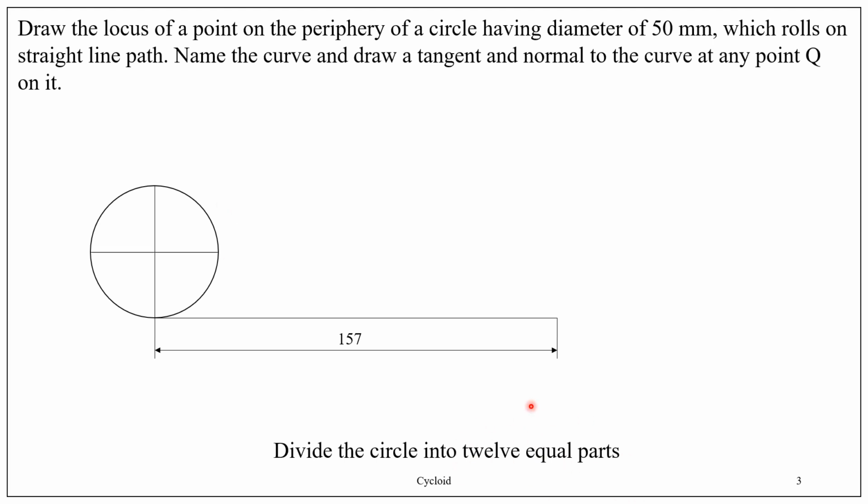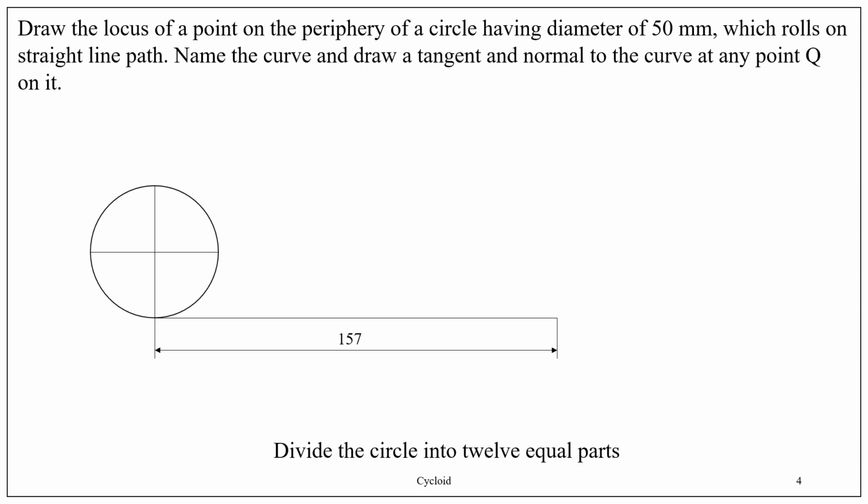We need to divide it into 12 equal parts. How? When you divide a circle into 12 equal parts, each segment or the sector will have an included angle of 30 degrees.